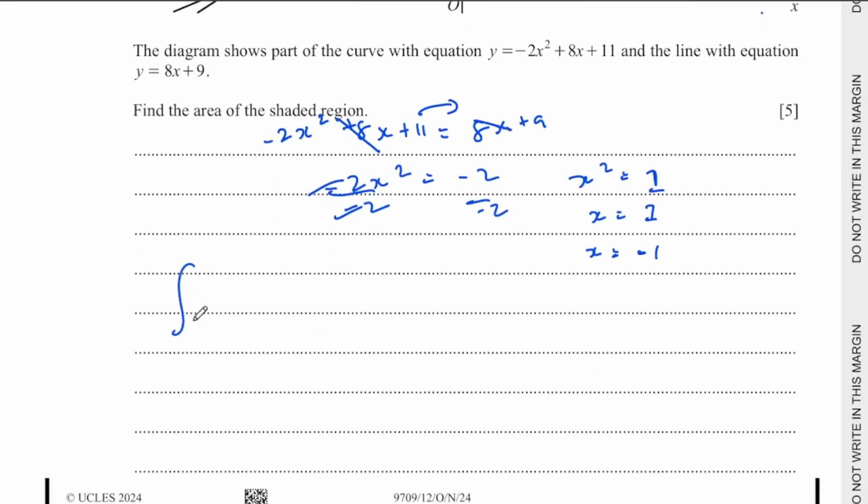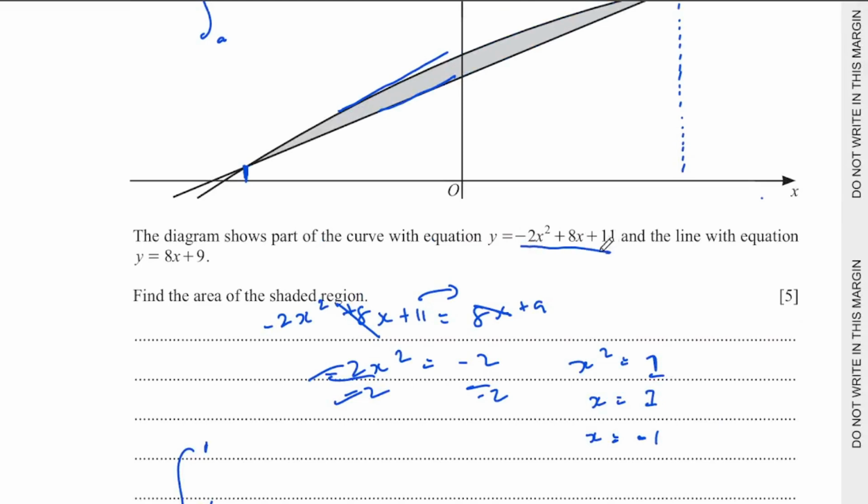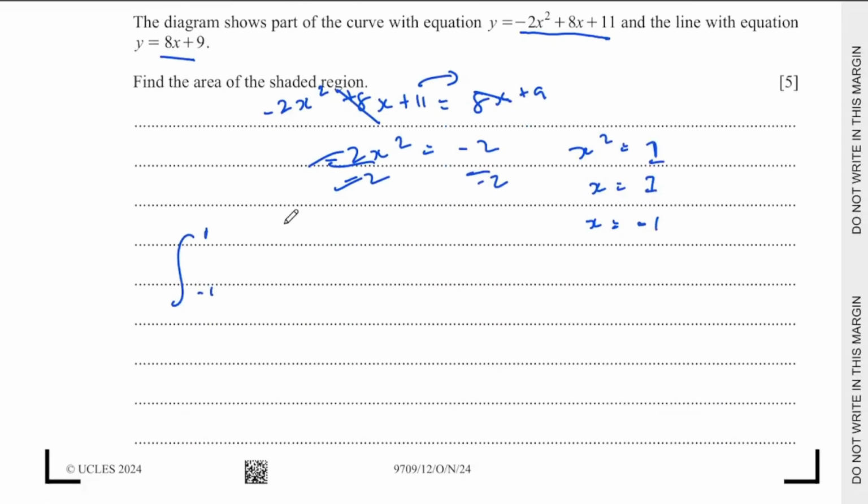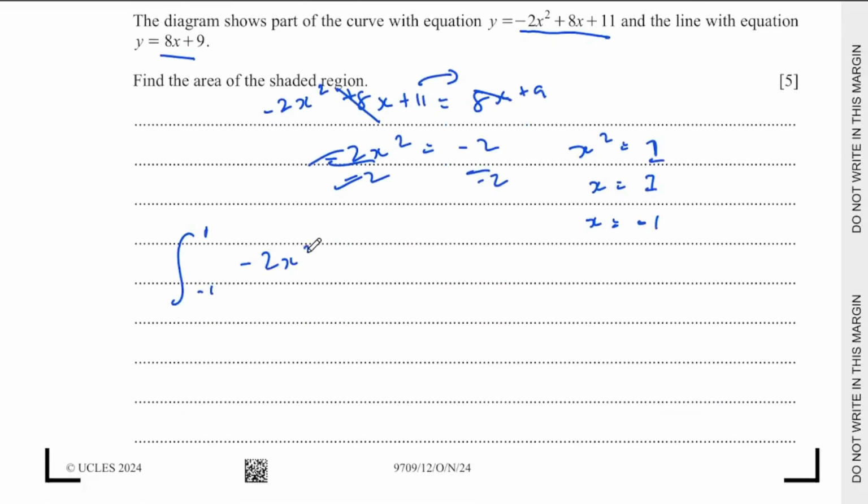So we have limits negative 1 to 1, and our integrand is the curve subtracted by 8x plus 9: negative 2x squared plus 8x plus 11 minus (8x plus 9). We end up with negative 2x squared, 8x minus 8x is 0, 11 minus 9 is 2, so plus 2.